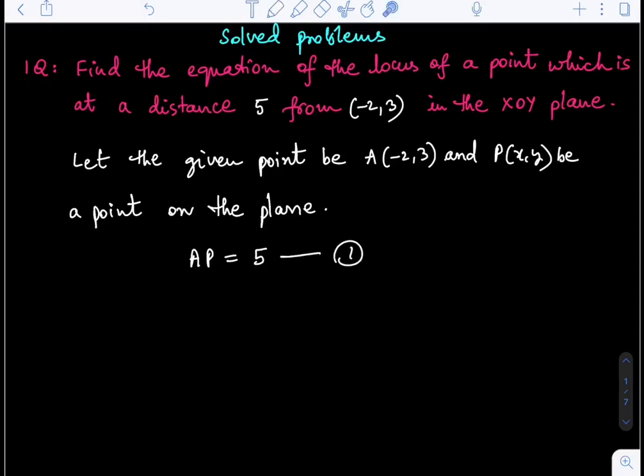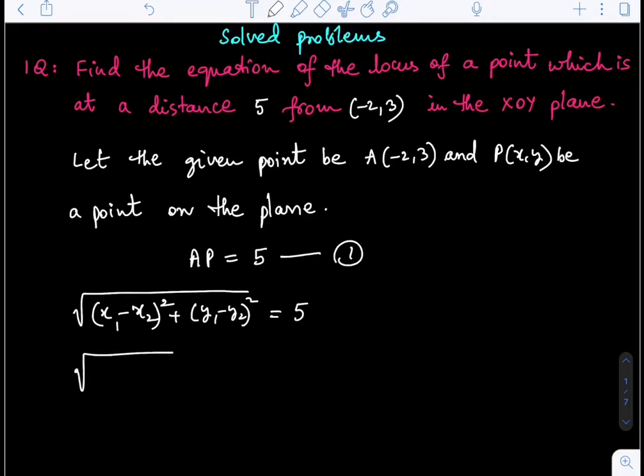Now we apply the distance between two points formula that was learnt in 10th class. What is that? Under root x2 minus x1 whole square plus y2 minus y1 whole square. You can take it as x1 minus x2 whole square plus y1 minus y2 whole square also. No change. And this is the distance between A and P, and it is 5. And what is x1, x2, y1, y2?